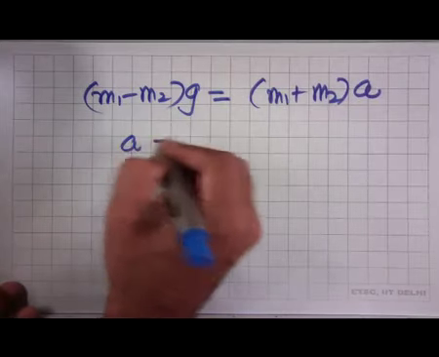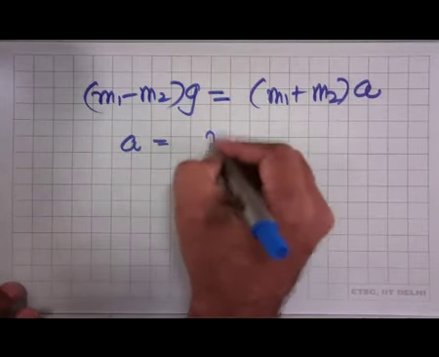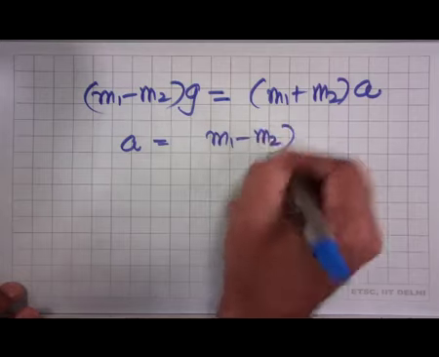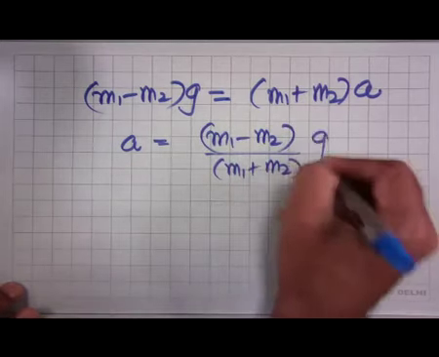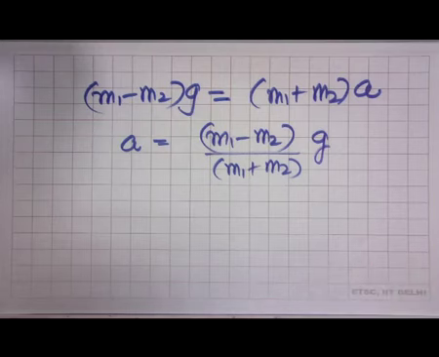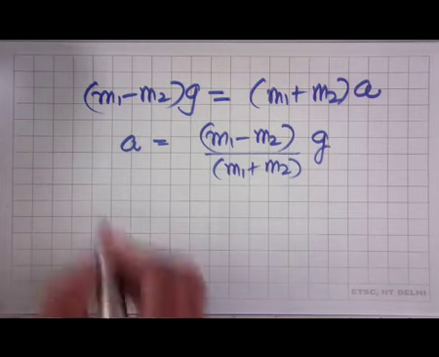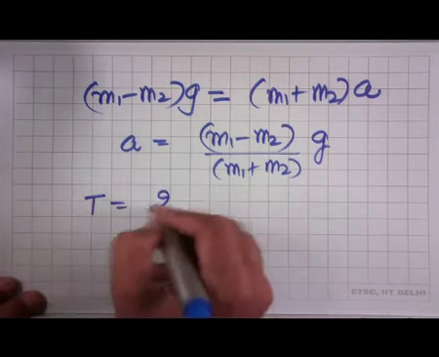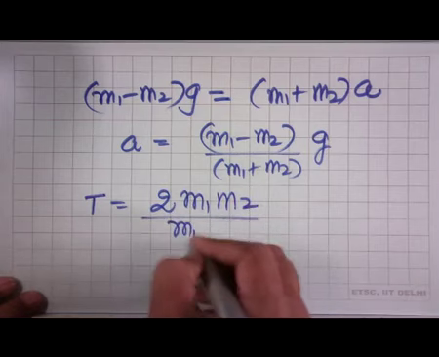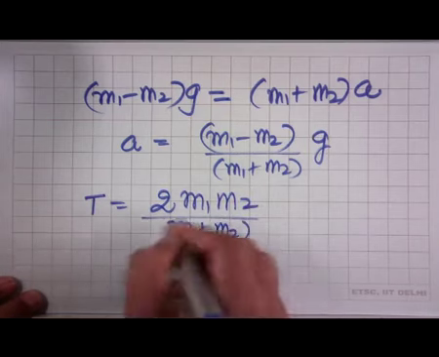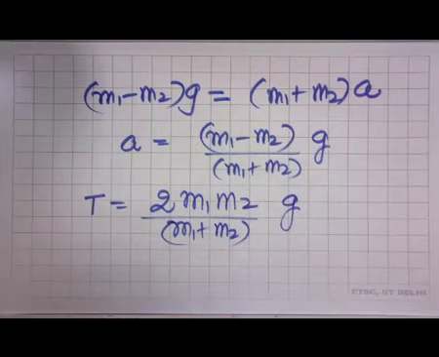Therefore, acceleration turns out to be m1 minus m2 upon m1 plus m2 times g, and we can also work out the value of T, which turns out to be 2 times m1 m2 upon m1 plus m2 times g.